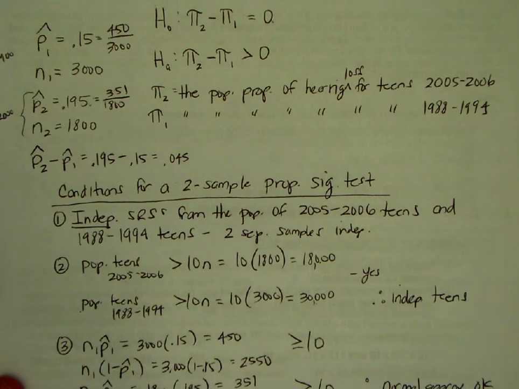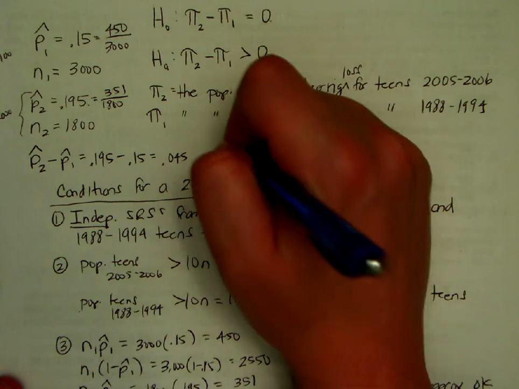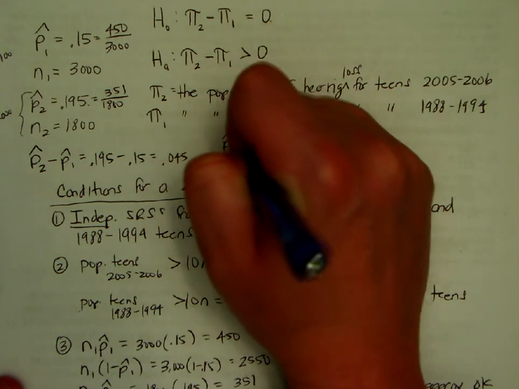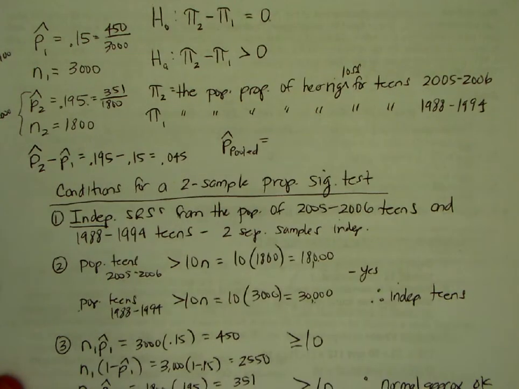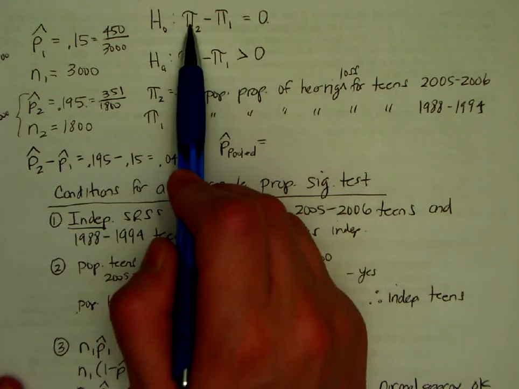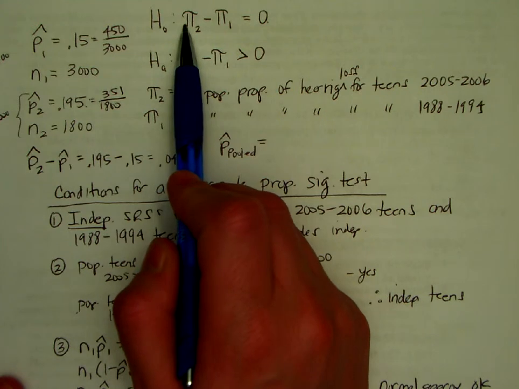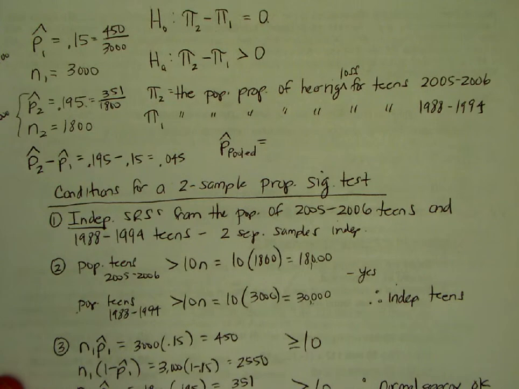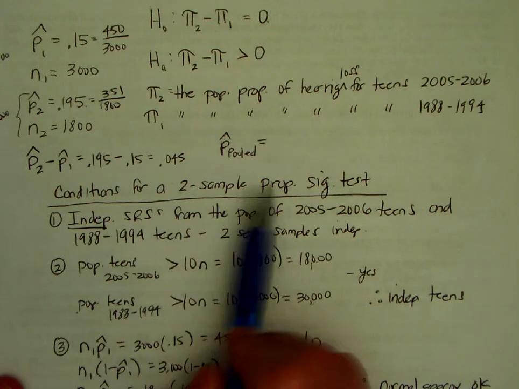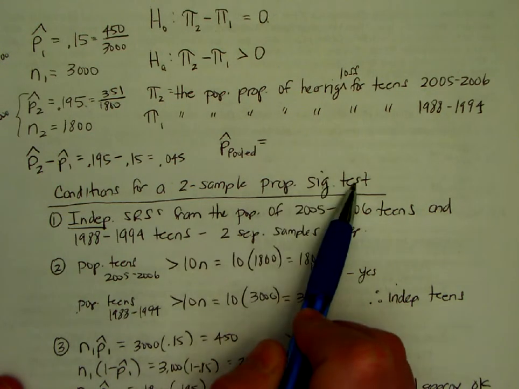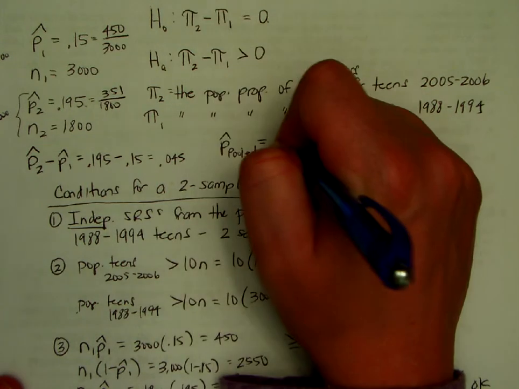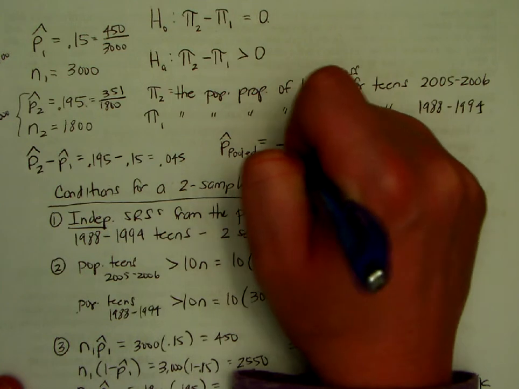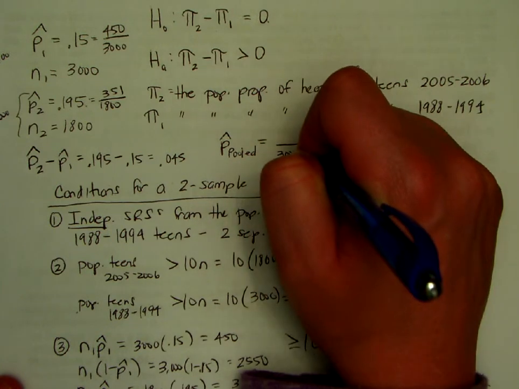So what ends up happening is, because of our assumption that there is no difference in the parameters, we're just going to put these together. And so we have to pool our p's. We only do it on a two-sample proportion significance test. It's the only time you do it. And what that means is, let's just put the two samples together. So I have 3,000, 1,800 people.